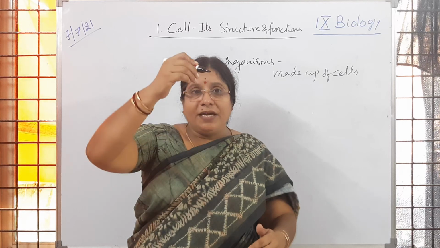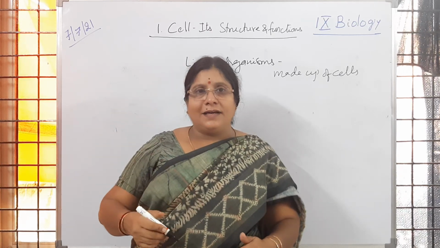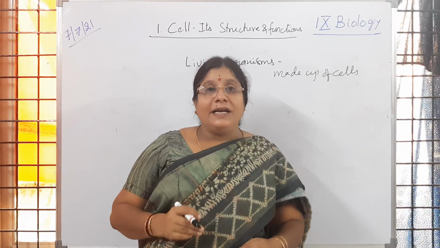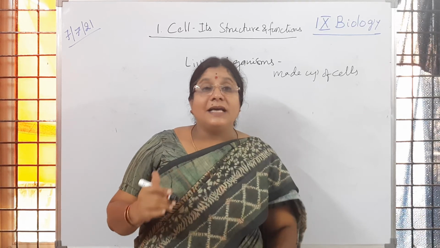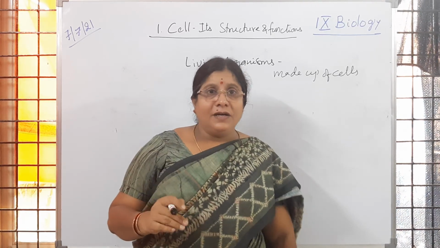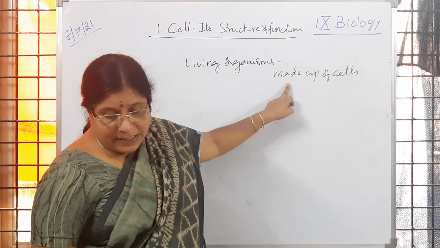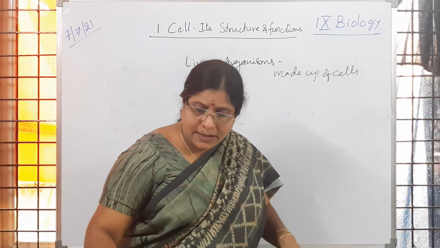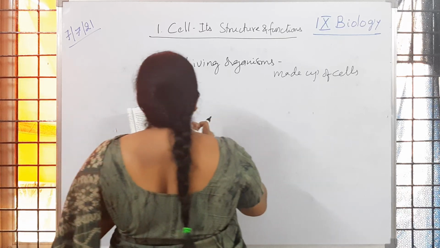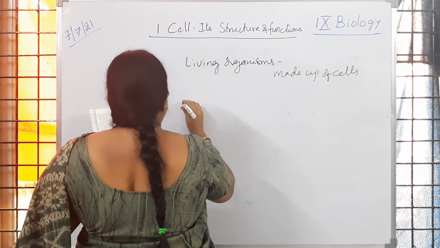Okay, so if we keep all those points together, then it gives an idea about cell theory. Is it clear to you? So all living organisms are made up of cells, and here two scientists, who are those two scientists, means Matthias Jakob Schleiden.